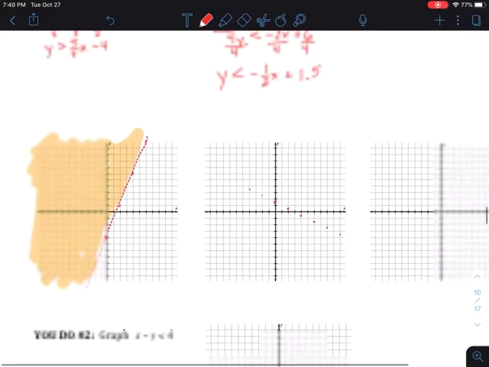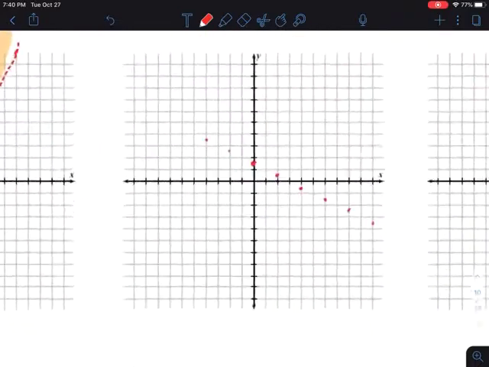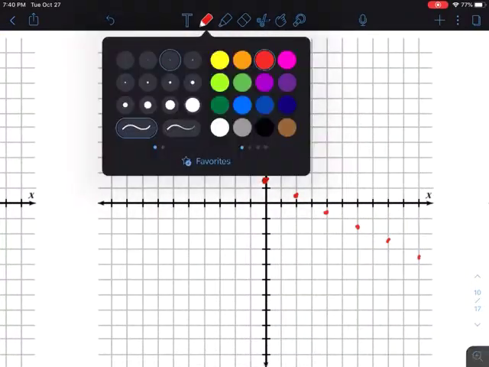And the symbol was less than, so there's no underline, so that's going to be a dashed line, shade below.